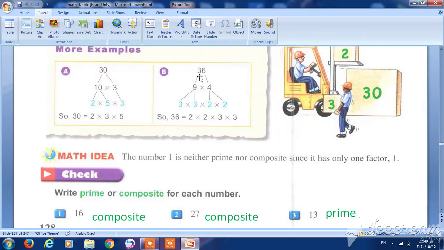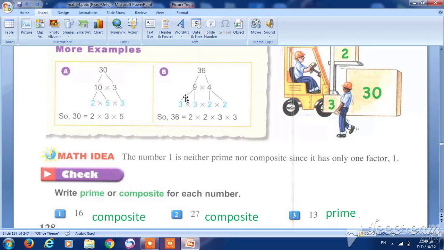And from there we have 36. 36 is also composite. I say it comes from 9 multiplied by 4, so we write 9 multiplied by 4. And 9 is composite. 4 is also composite. 9 comes from 3 multiplied by 3, and 4 comes from 2 multiplied by 2, so I split them.